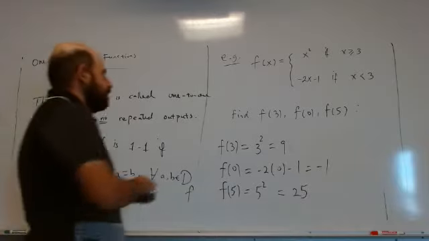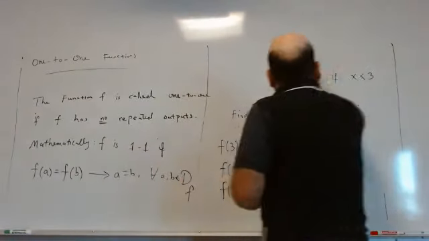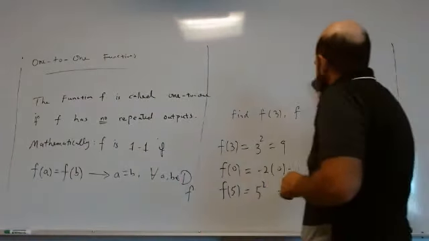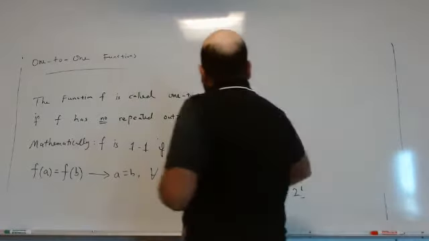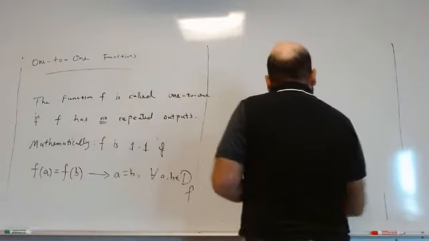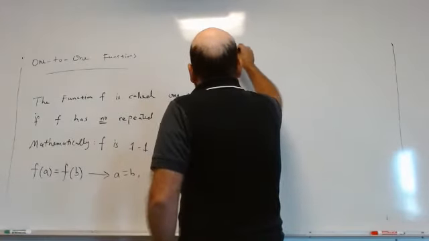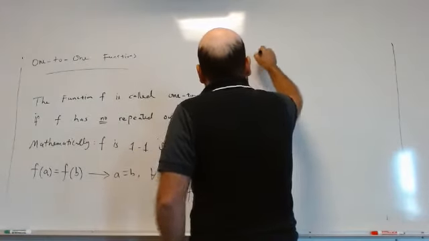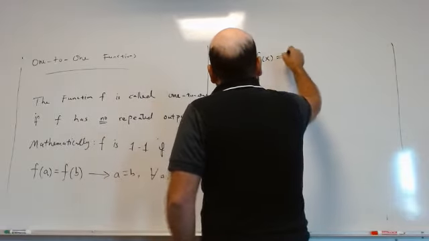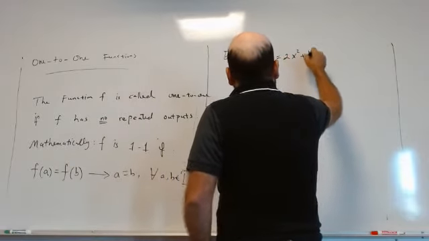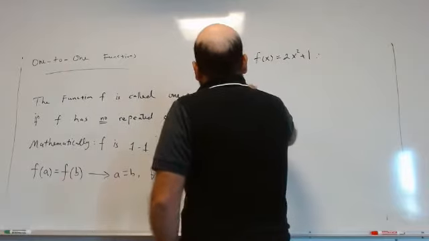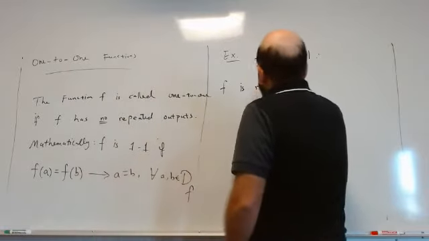So let's look at an example. Let's say f of x equals 2x squared plus 1. This function f is not 1-to-1.